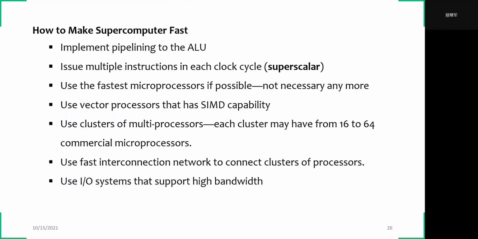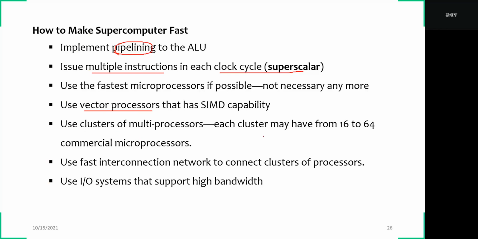How to make a supercomputer fast? Implement a pipeline to the ALU pipeline. Issue multiple instructions in each clock cycle. Use the fastest microprocessor if possible. Use the cluster of multiprocessors.